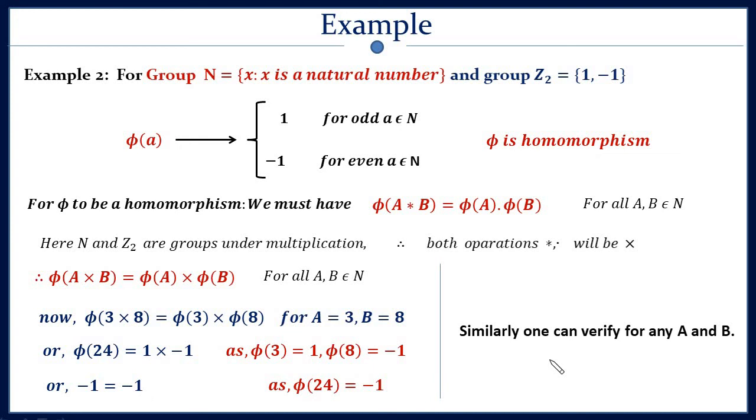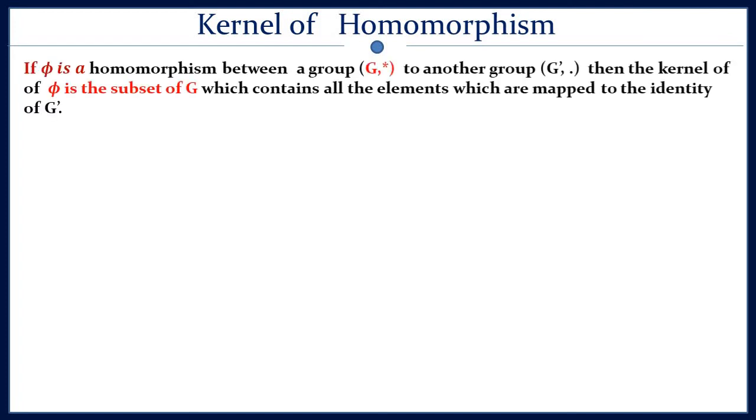Now we will see another important concept which is called the kernel of a homomorphism. How can we define a kernel of a homomorphism? If phi is a homomorphism from a group G to another group G prime, then the kernel of this homomorphism, that is ker phi, is a subset of group G which contains all elements which are mapped to the identity element of G prime.